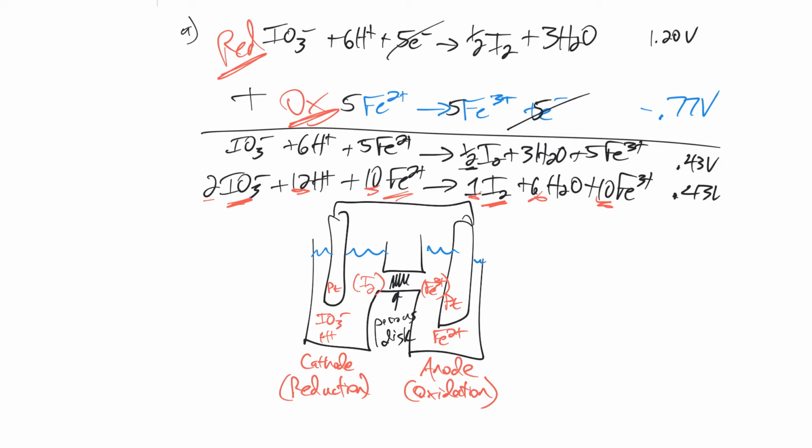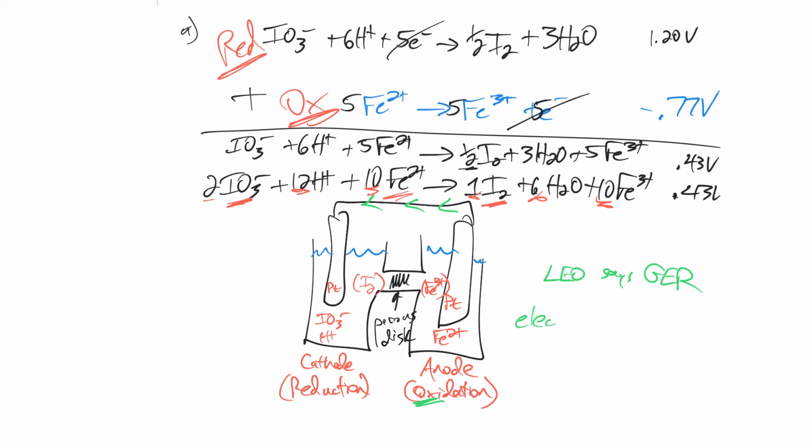Okay, they also want us to show direction of electron flow. Since Leo the lion says grr, and losing electrons is oxidation, the chamber that is associated with oxidation is losing the electrons.